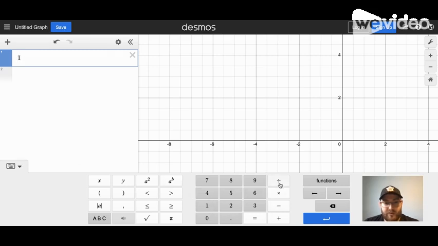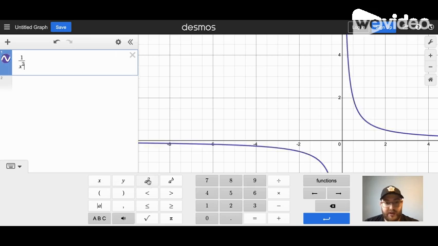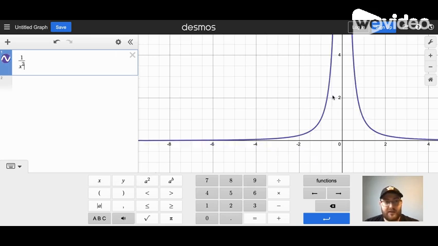So if we want to try 1 divided by x squared, we can see that the function pops up on the graph over on the side, which is awesome. A great visualization.